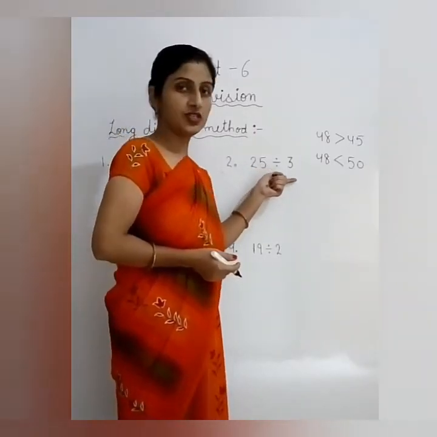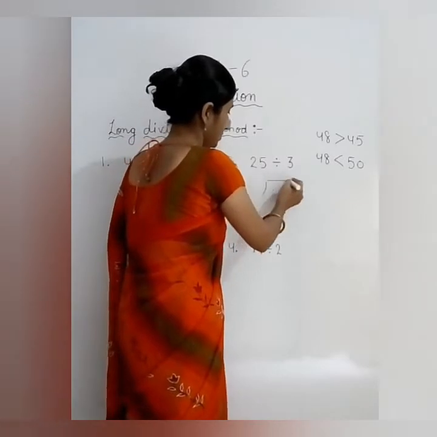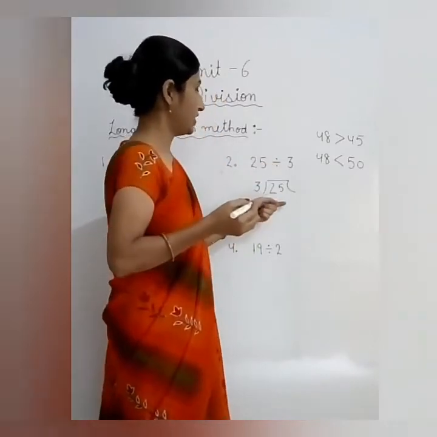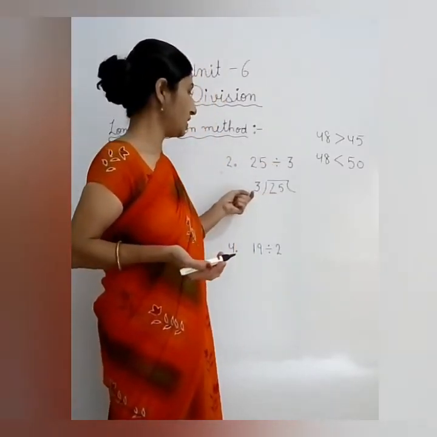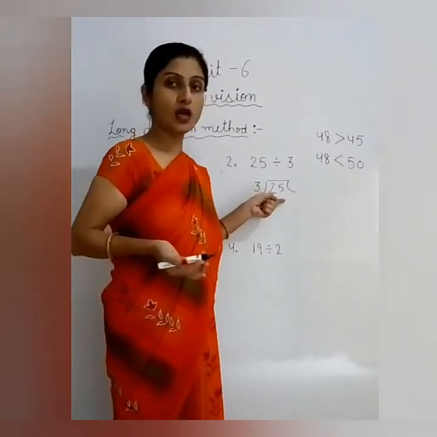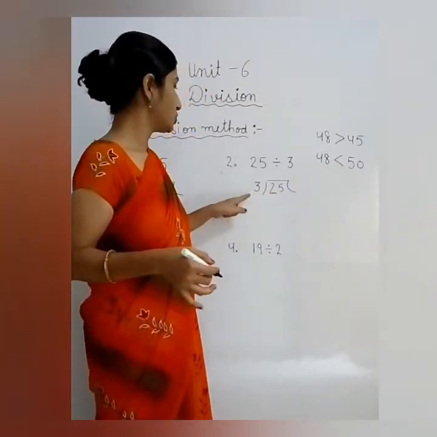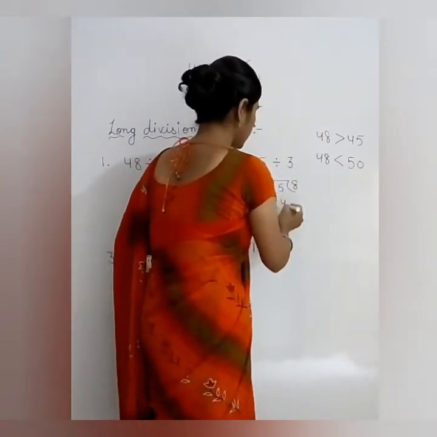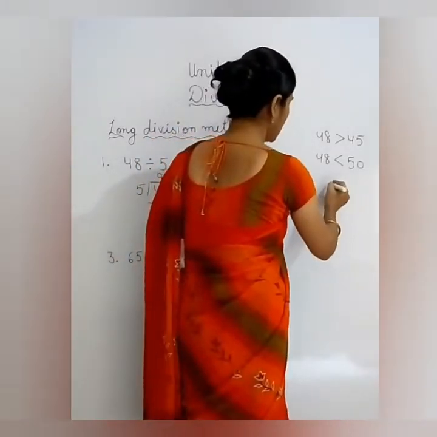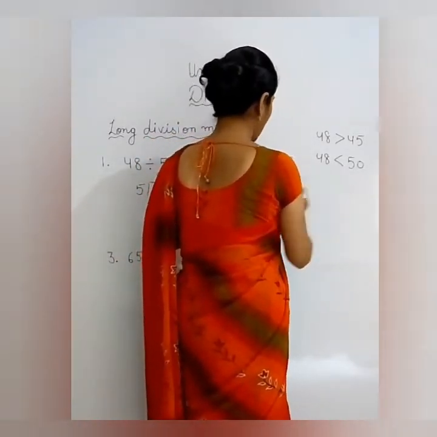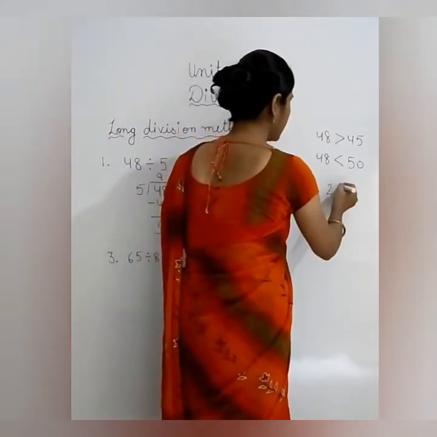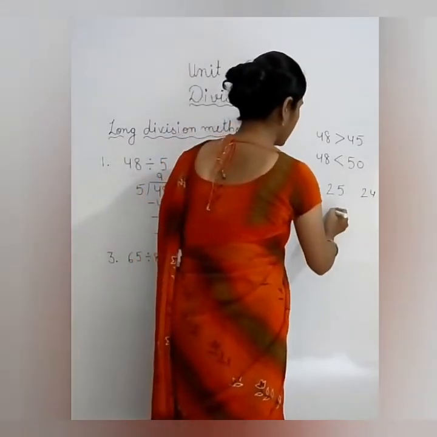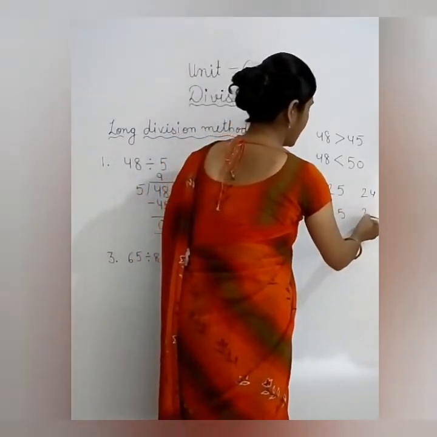See the next one. 25 divided by 3. Write here 25. Here is 3. So 25 does not come in the table of 3. So what do we do? We take a smaller number than 25. So 3 8s are 24. So look here. 3 8s are 24. And our dividend is 25. 24. And 3 9s are 27. 25, 27.